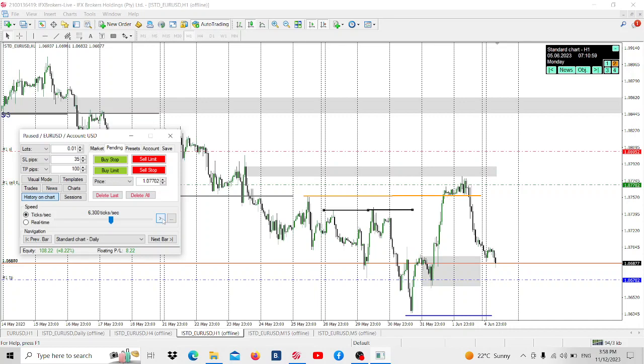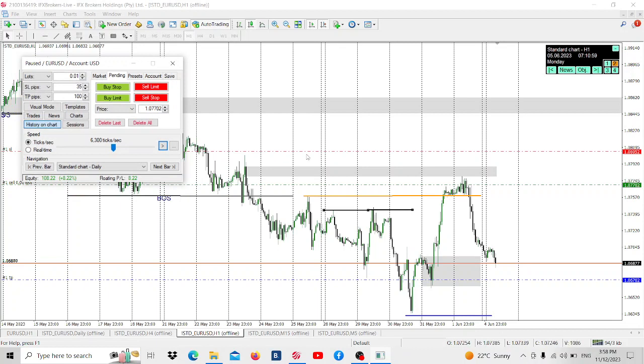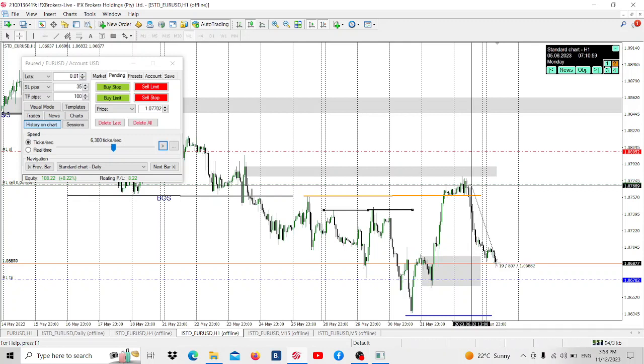Okay, we can clearly see that the sell trade that we had pushed for 80 pips, which gave us a profit of $8 on a $100 account, which was somewhere here, 80 pips, right?